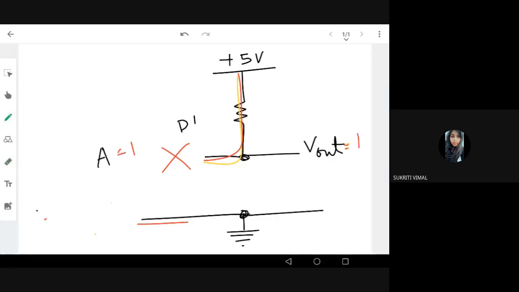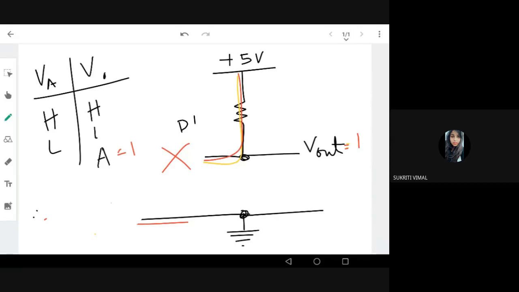So what is the logical condition here? When V input is high, V output is high. When VA is low, output is low. Is it okay, or is there any confusion here?